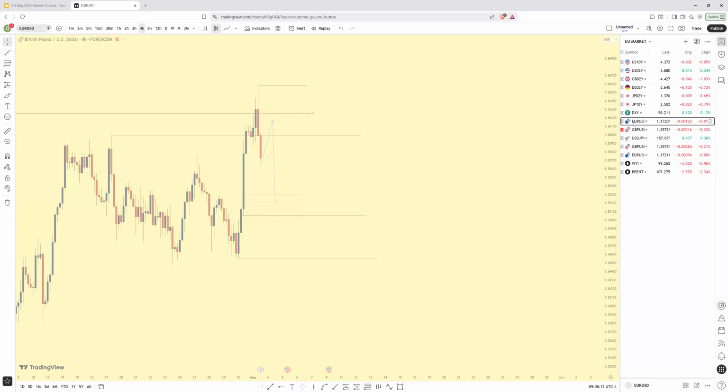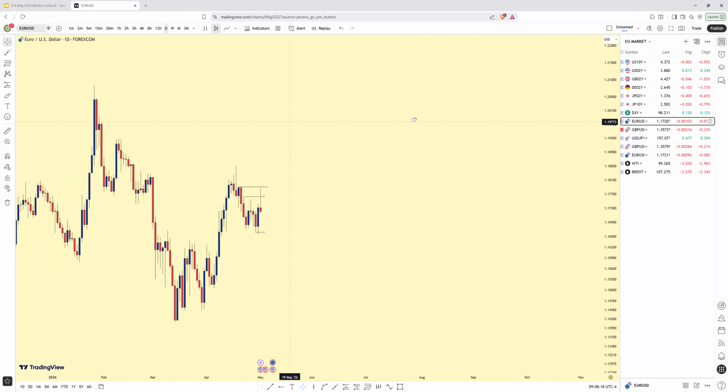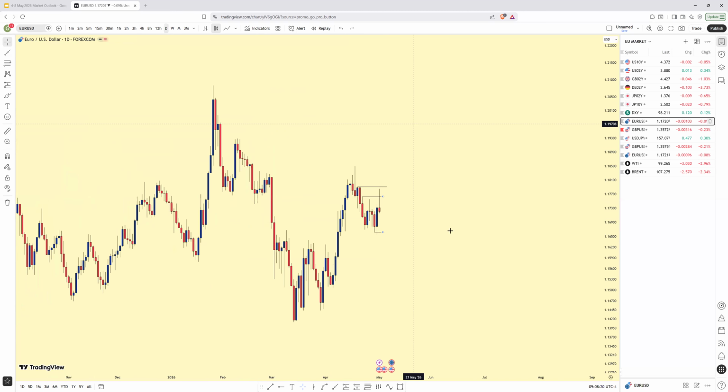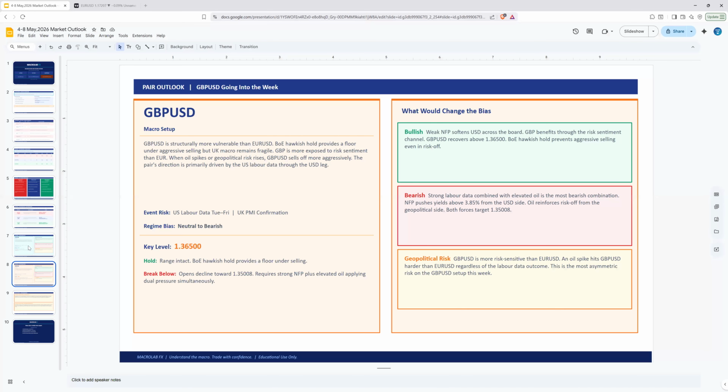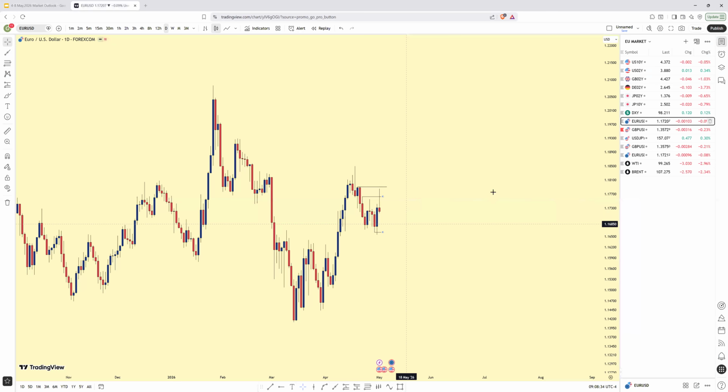So let's look at Euro USD. Euro USD is bearish, right? So these are our key levels, 1.170. What do we expect on the key level area for Euro USD? 1.1770, you could see that area.